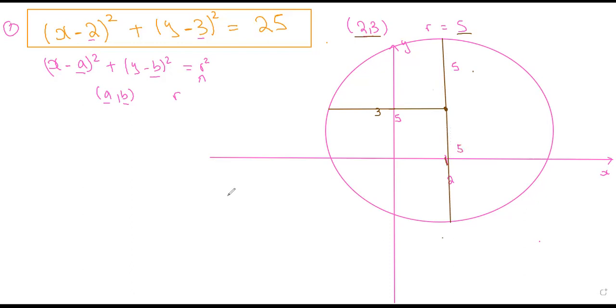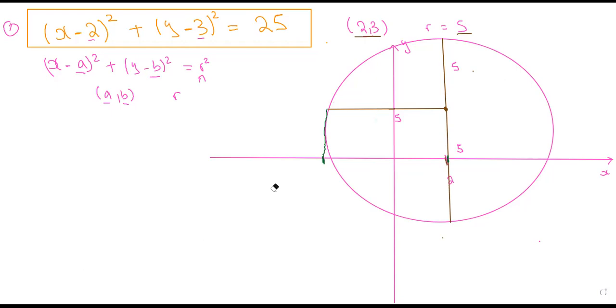Now let's talk about other stuff. Let's say this point is 2 and we move some units to the negative x-axis. What would be this point? No, miss, I didn't get your point.